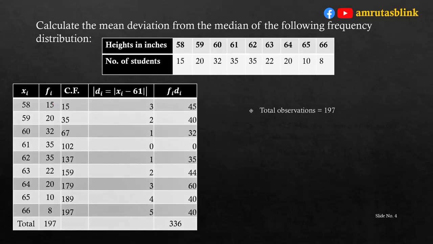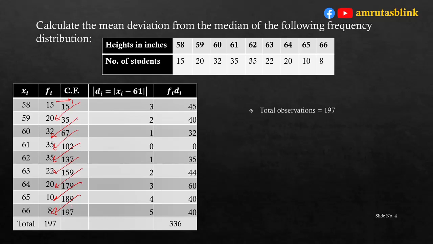The first frequency stays as it is, 15, then 15 plus 20 is equal to 35, then 35 plus 32 is equal to 67, then 67 plus 35 is equal to 102, then 102 plus 35 is equal to 137, then 137 plus 22 is equal to 159, 159 plus 20 is equal to 179, 179 plus 10 is equal to 189, and 189 plus 8 is equal to 197.